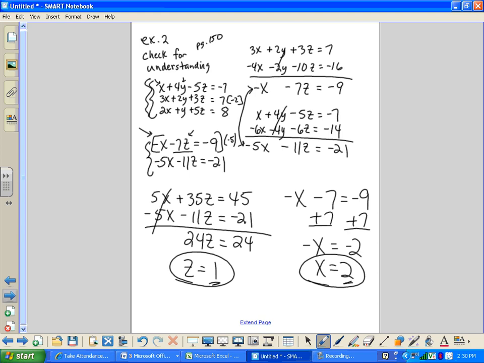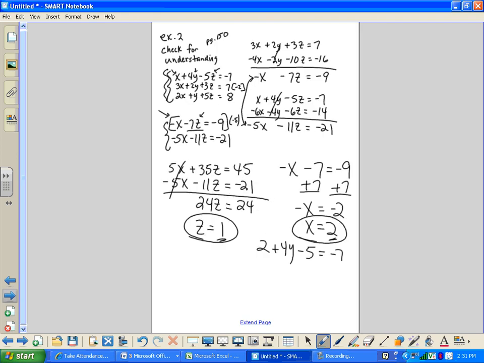So substitute x there, that would be 2. And then I got plus 4y, I don't know the y yet, minus 5z, so minus 5, and then I will put z in right there. 5 times 1 would be 5, so it would be minus 5 equals negative 7. And now I could solve this one for y. 2 minus 5 here would be negative 3.